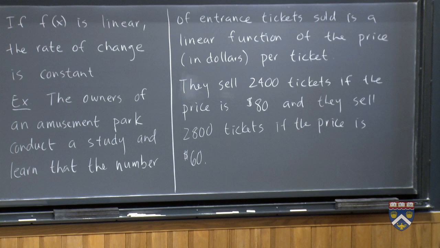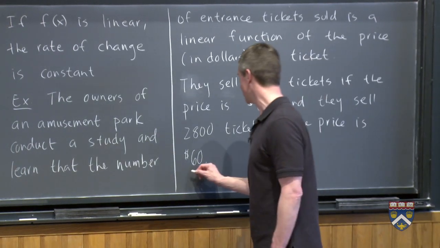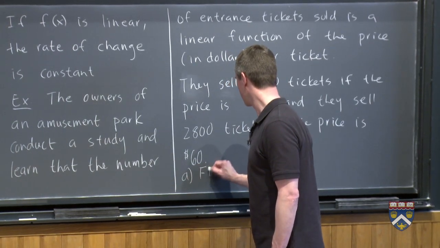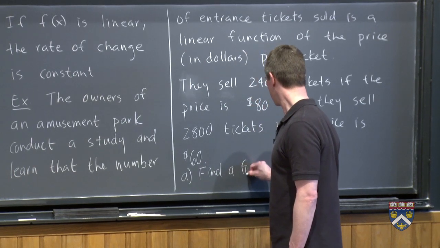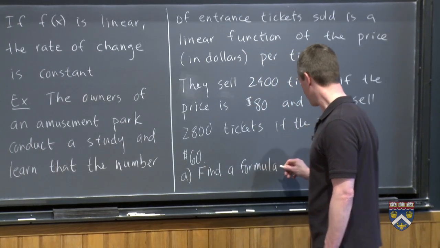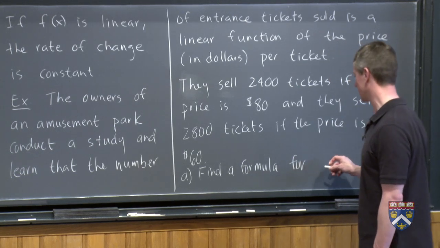Okay, so we've set up the problem. Now our first question is going to be: find a formula for the number of tickets that they sell as a function of the price.